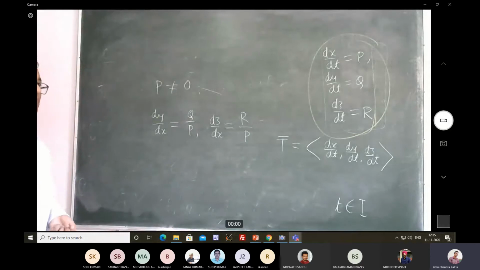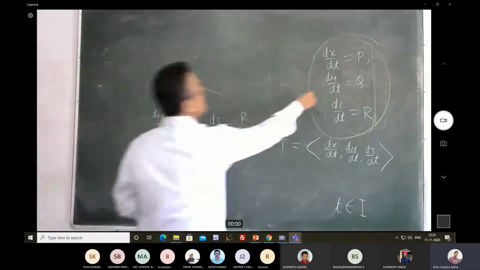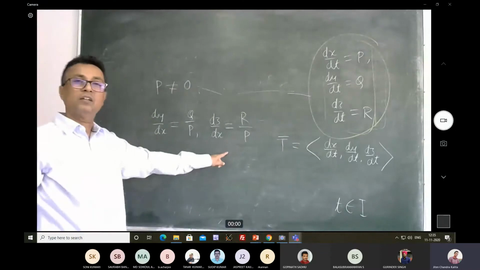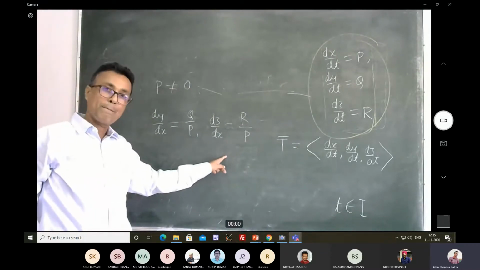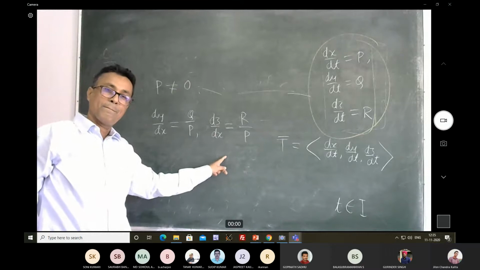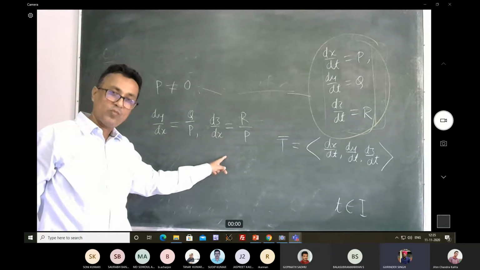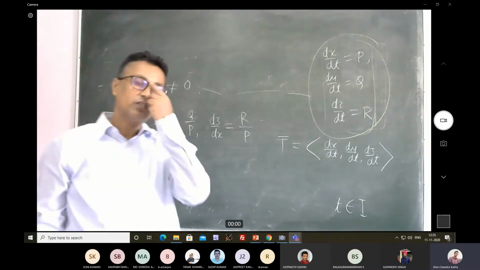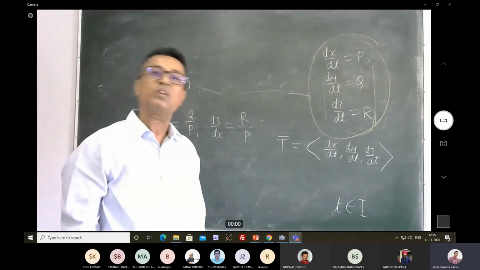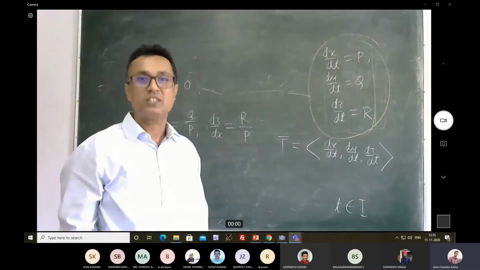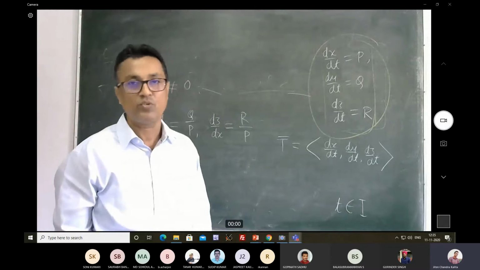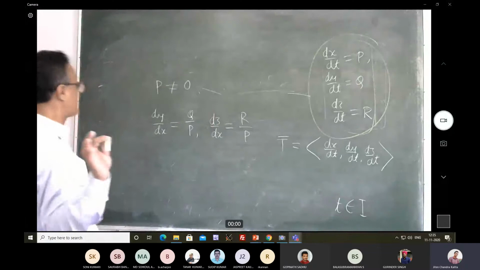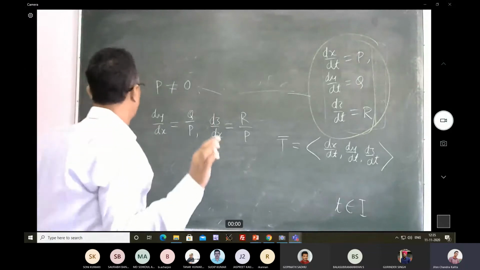Is it okay with everybody? From these relations, if p is not equal to 0, I can always get that. Similarly, if q is not equal to 0 and r is not equal to 0, you can have two more relationships like this, and you know what those relationships are going to be.